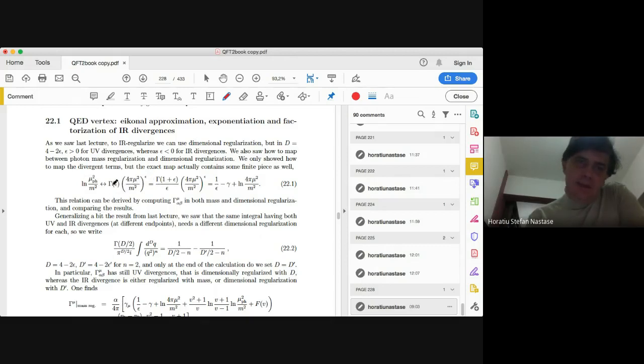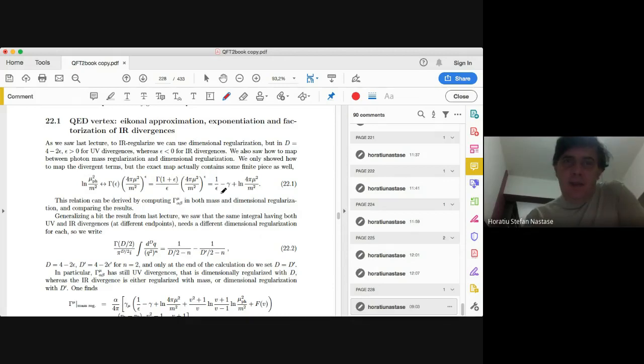Gamma of epsilon is gamma of 1 plus epsilon over epsilon, and 4 pi mu squared over m squared starts at 1, and then 1 plus epsilon log 4 pi mu squared over m squared. And then gamma of 1 plus epsilon is 1 minus epsilon times gamma, the Euler constant.